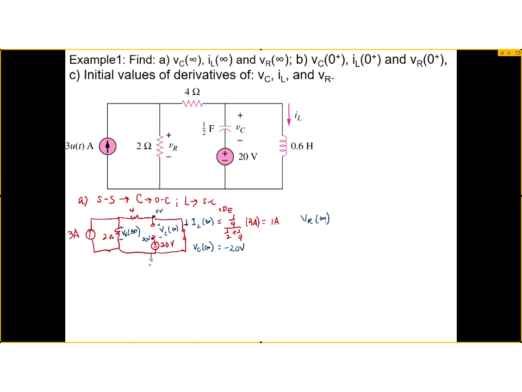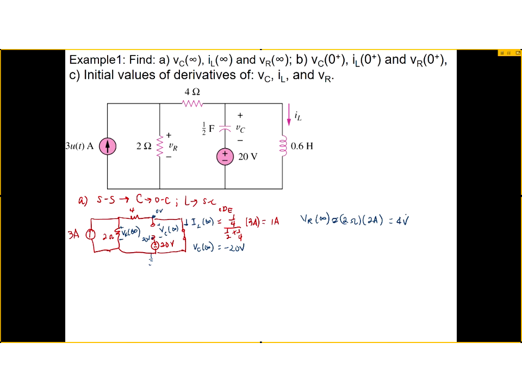Therefore, here would be 2 amps. So what is VR infinity? It's going to be 2 ohms multiplied by 2 amps. The 1 is through this, and you have 3, right? So 2 must be going through the 2 ohms. So it's going to be 4 volts.